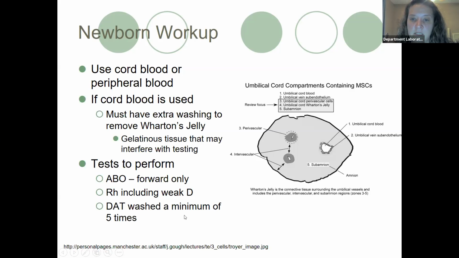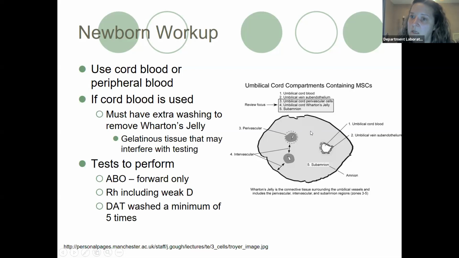And in this example, in the image here, the Wharton's jelly is kind of around the vessels. So you have the vessels that provide blood to the baby and then the blood coming from baby back to mom. And so the Wharton's jelly is in between all of these venous pathways.